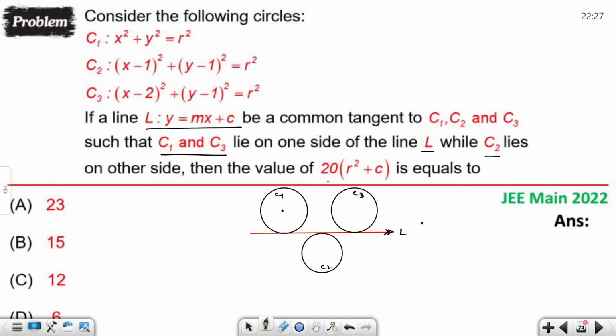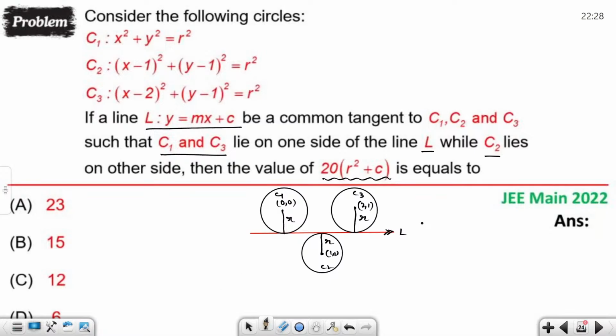You have to simply find out this value. Okay, the center of this circle is 0, 0 and radius is r. For C3, the center is 2, 1. Again, the radius is r. For C2, the center is 1, 1. Again, the radius is r.